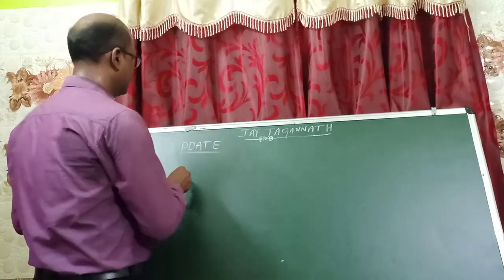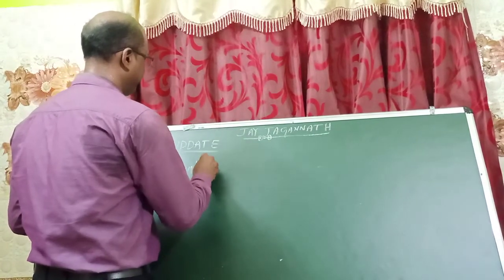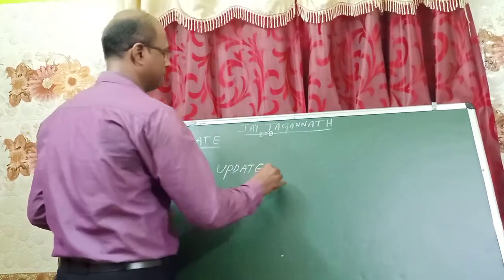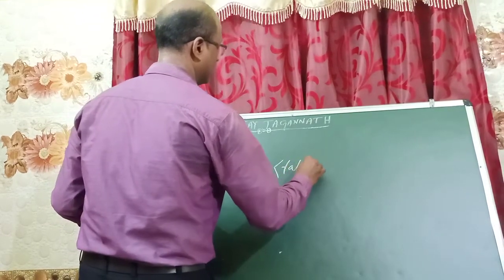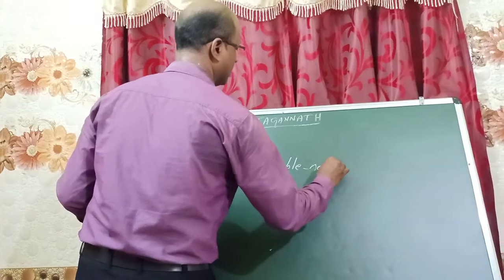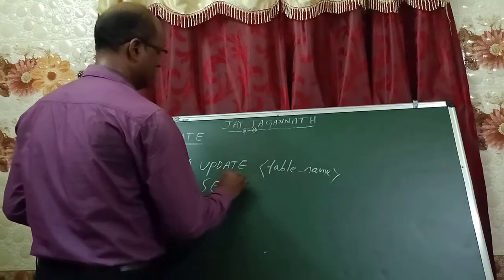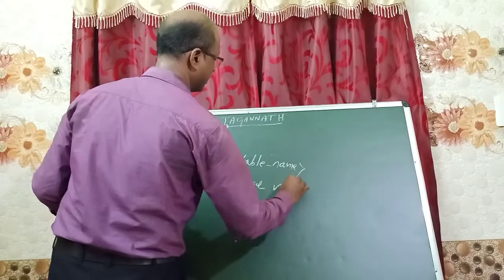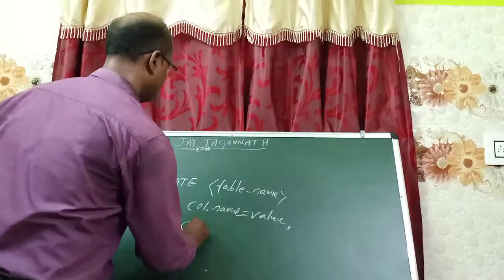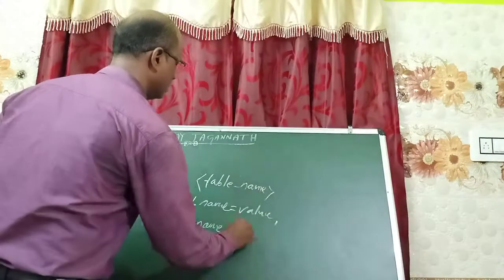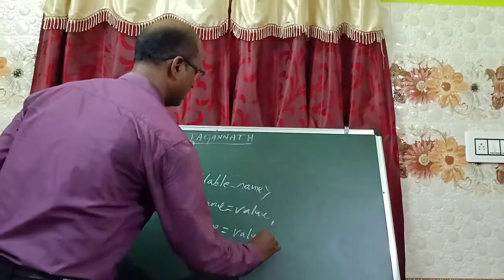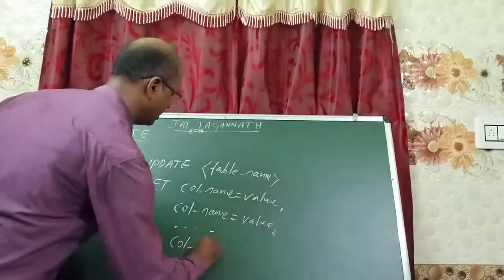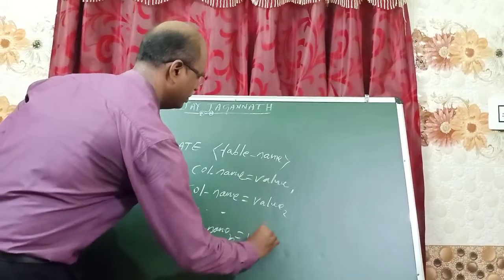Syntax: update table name, set column name 1 equal to value 1, column name 2 equal to value 2, up to column name n equal to value n.